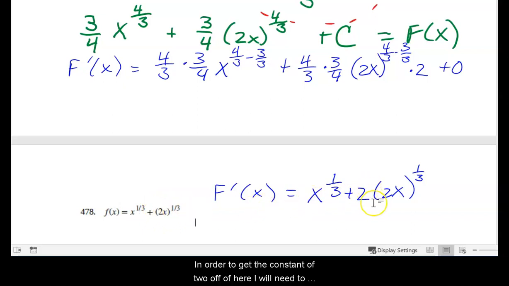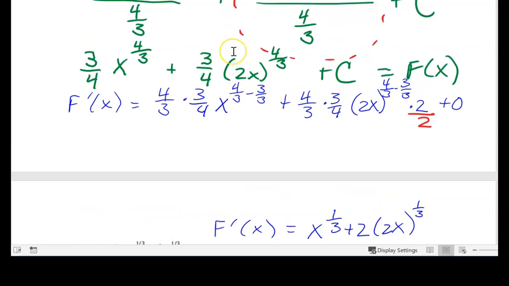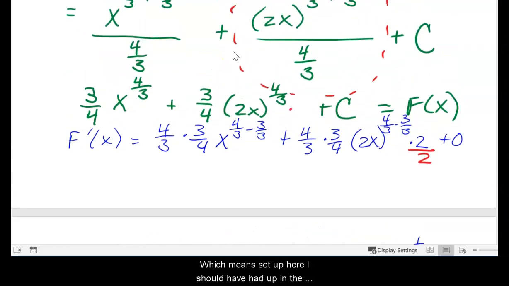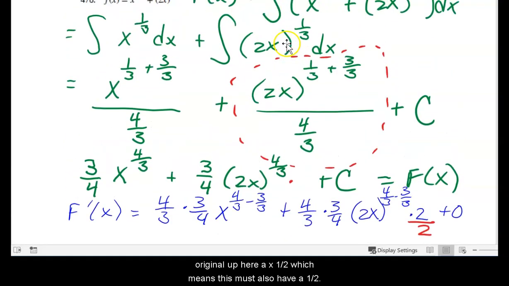In order to get the constant of 2 off of here, I will need to have divided by 2, which means that up here in the original, I should have had a times 1/2, which means this must also have a 1/2.